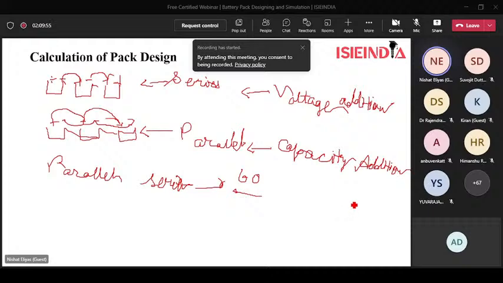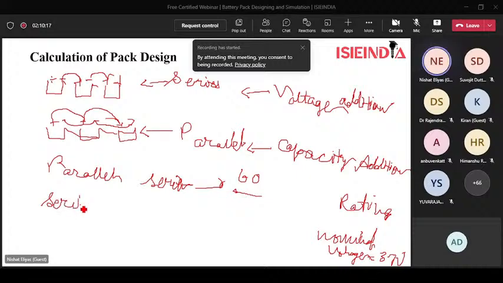Let us suppose that we are having a cylindrical cell having a nominal voltage of 3.7 volt. In that case, we have to check how many cells will be connected in series.